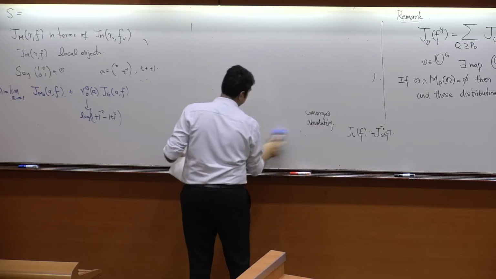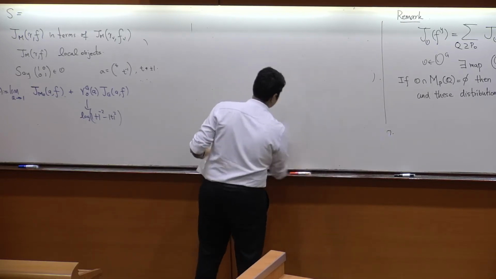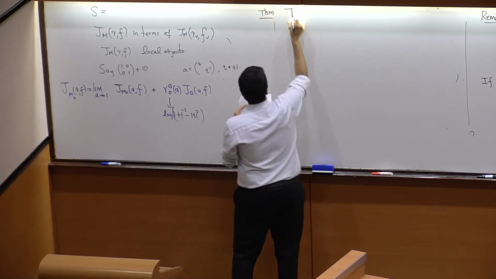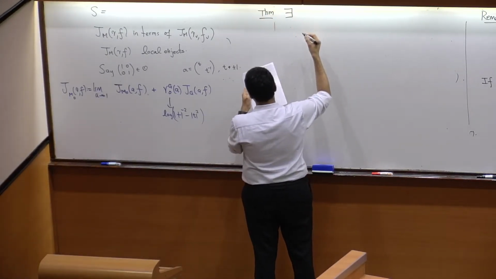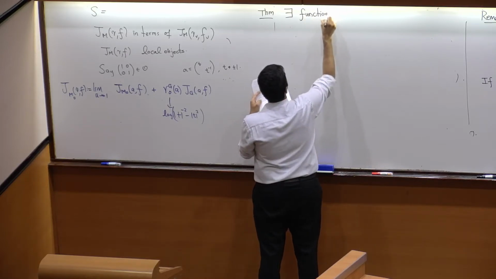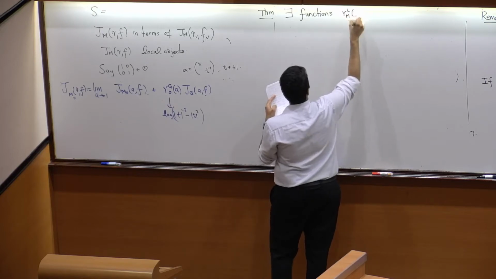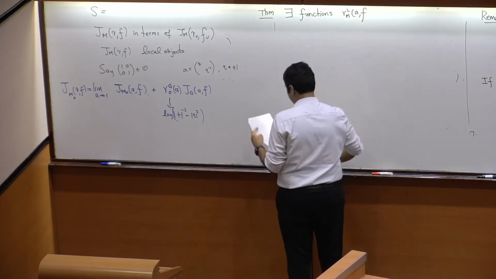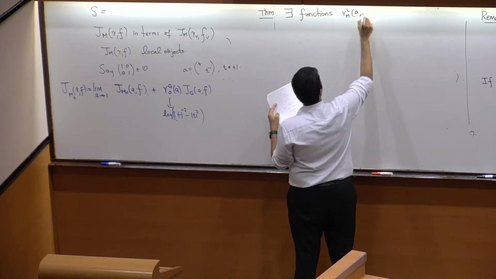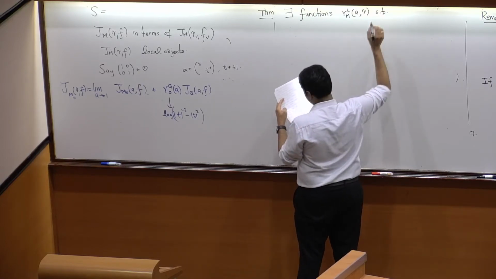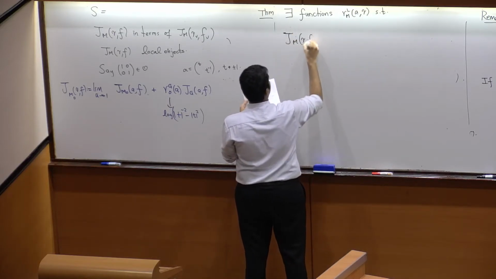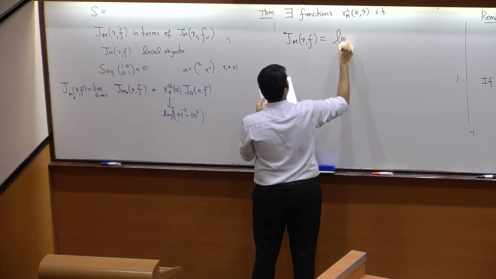So let me write that theorem. There exist functions r_M^L(a, γ) such that J_M(γ, f) is the limit as a goes to 1.